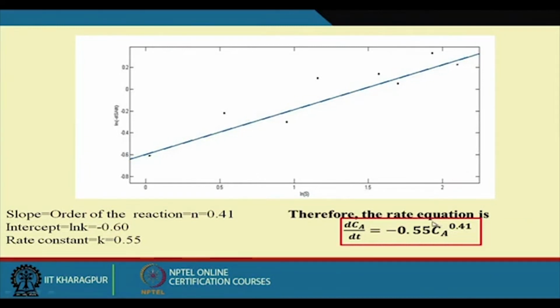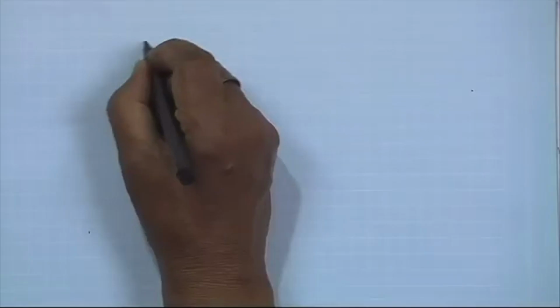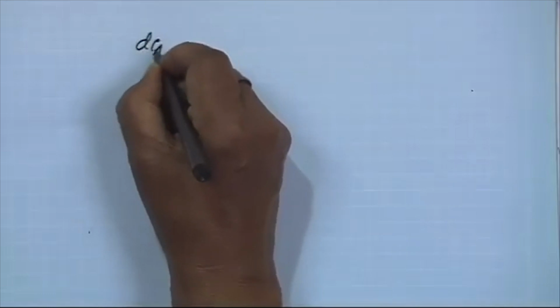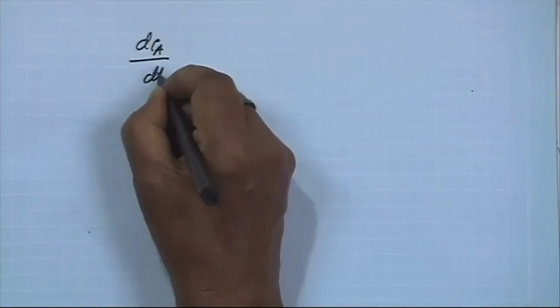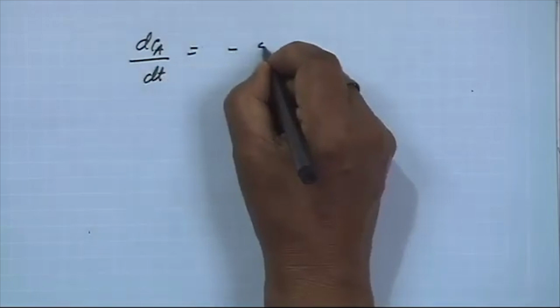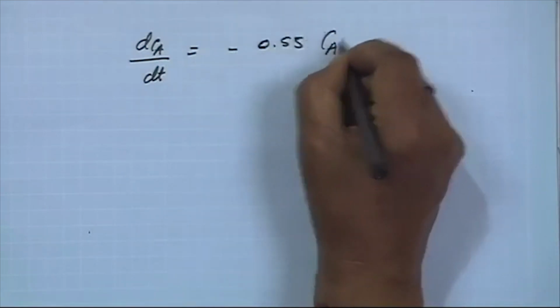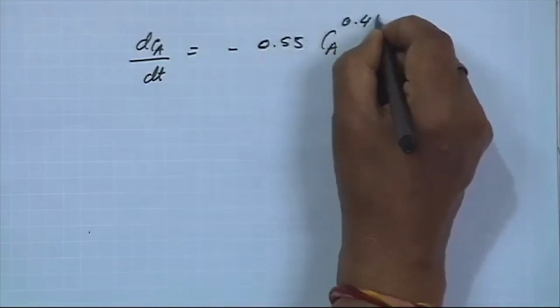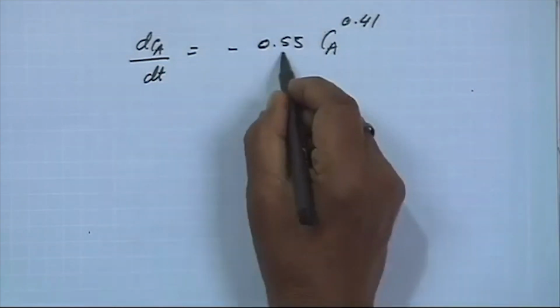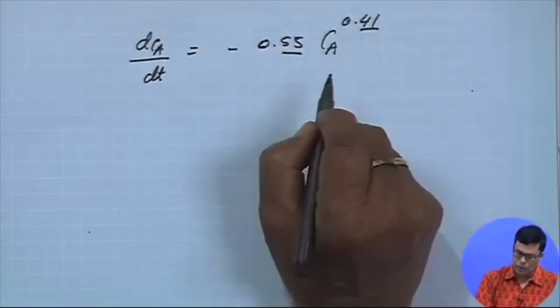Now I want to add a little bit here: this equation is dCA by dt equal to minus 0.55 Ca to the power 0.41. So we get the value of K, we get the value of n.